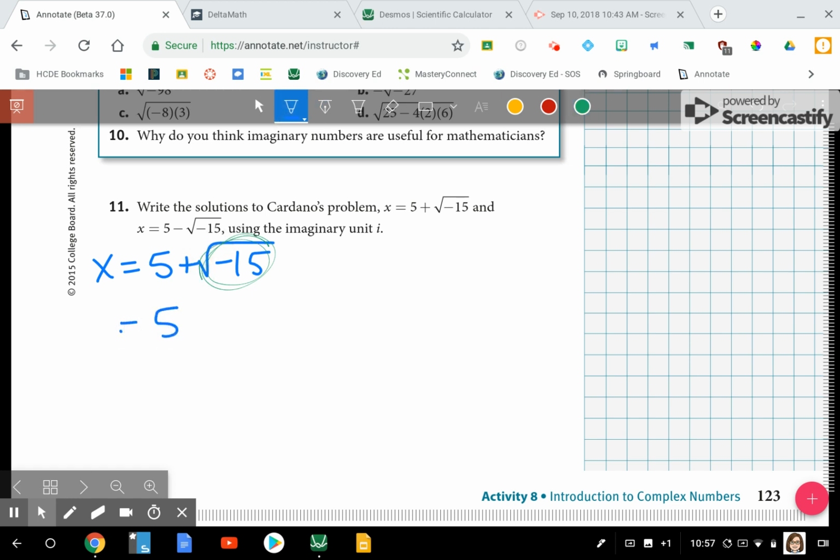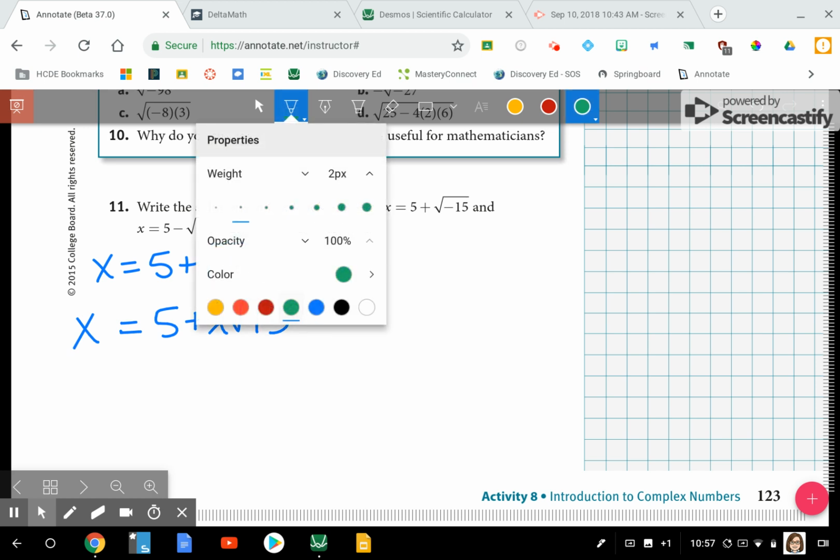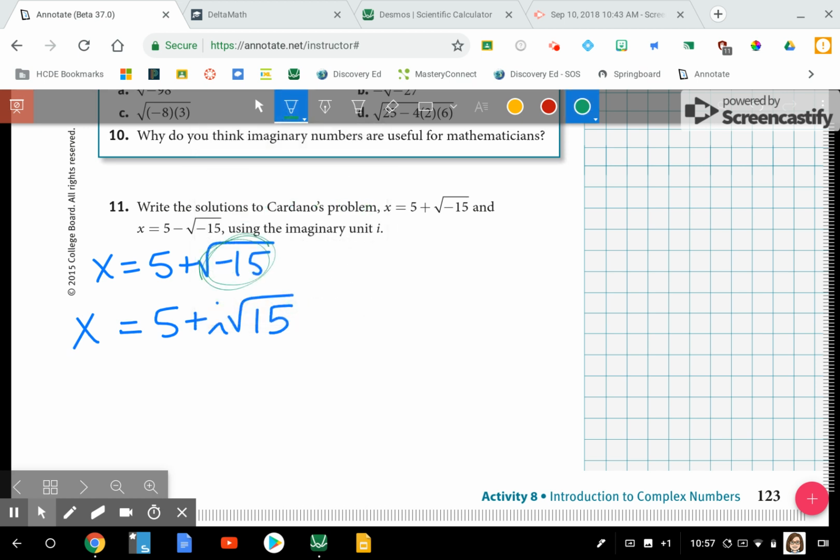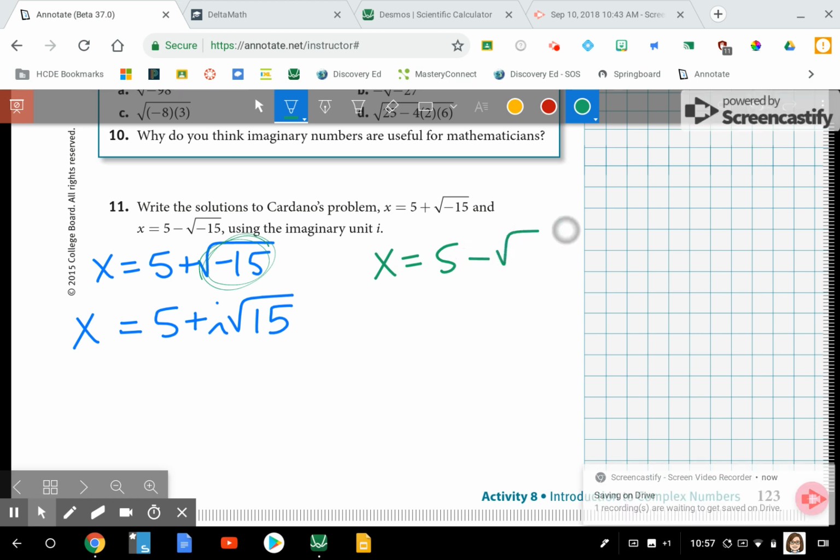So 5 plus i square root of 15 would be that one x. Okay, the other x, 5 minus the square root of negative 15. Instead of negative 15, we know that there is an i term there.